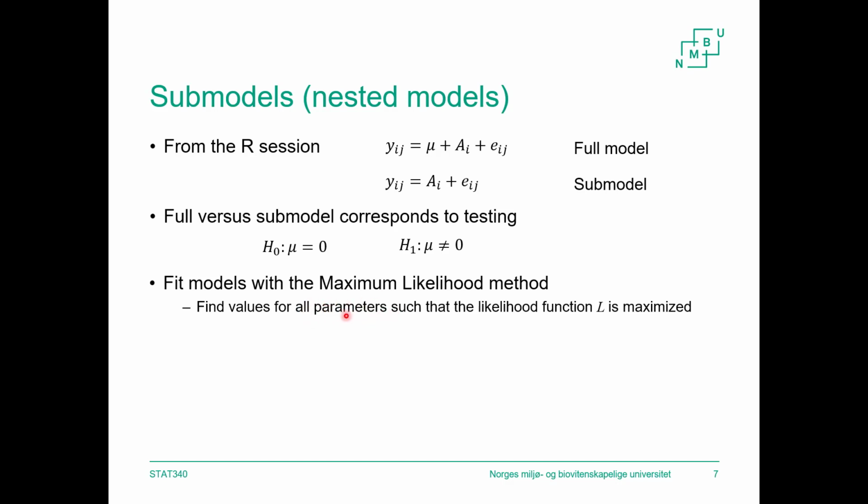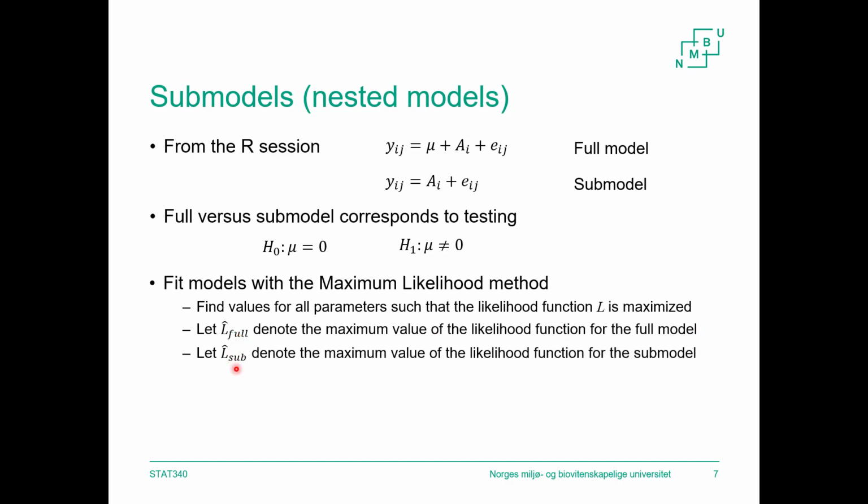The different combinations of parameter values give you a different location. And then you want to find the exact combination of parameters that puts you at the top of the mountain. If you use the full model, you find the highest point you can find on the mountain with the full model. That's the maximum value for the likelihood function for the full model.